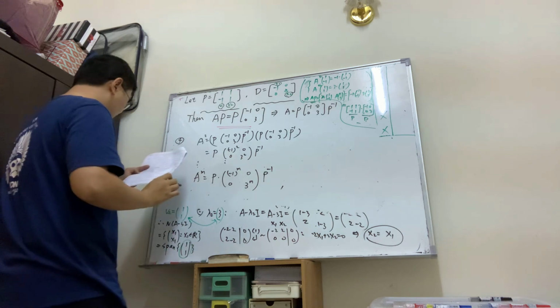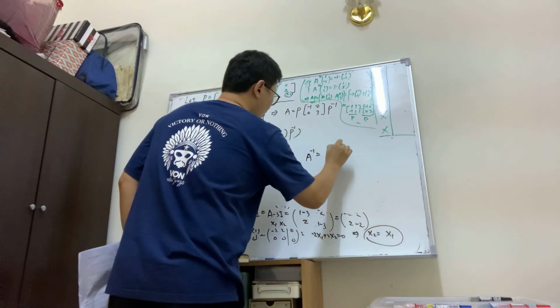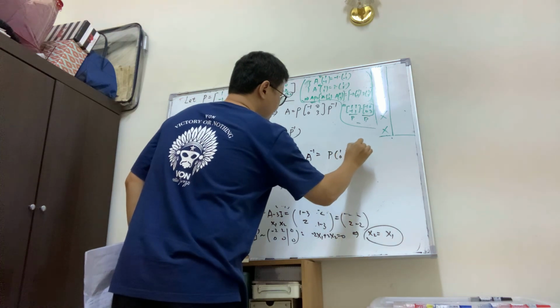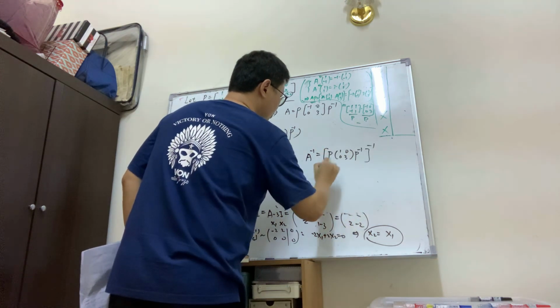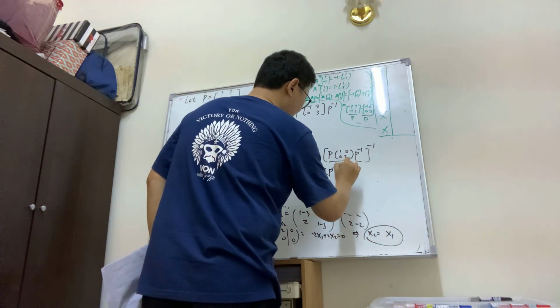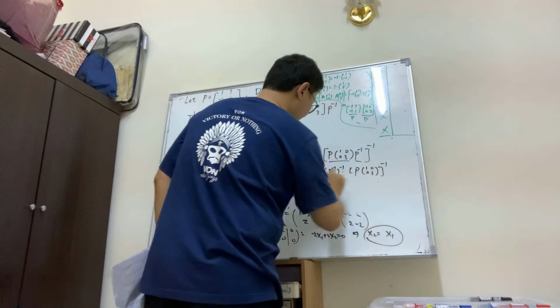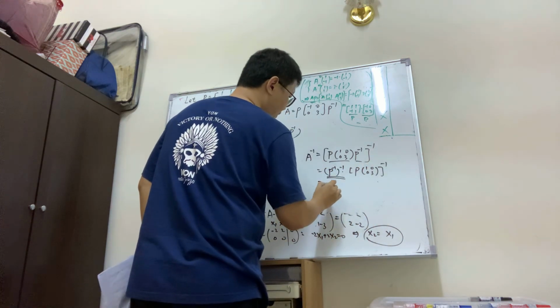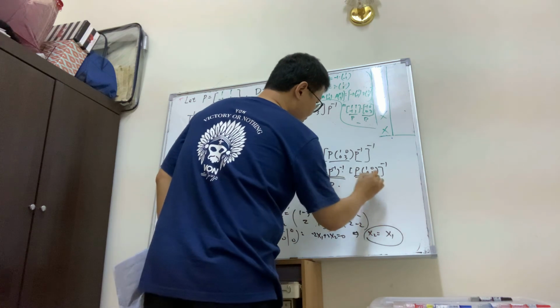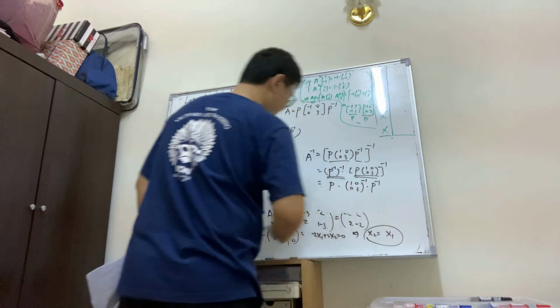And how about its inverse? A inverse is P D P inverse, inverse. So it's equal to P inverse's inverse times D inverse times P inverse. So P inverse's inverse becomes P, and D inverse stays in the middle, times P inverse.